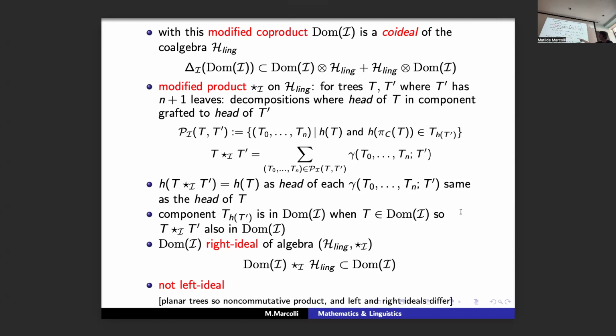And the same thing happens with the product. You have the same problem. You want to keep track of where the head of the old structure and the head of the piece that you want to use for the movement end up, whether in the same component or not. And so this again requires a slight modification of the product where you only use those combinations of splitting that have this property.